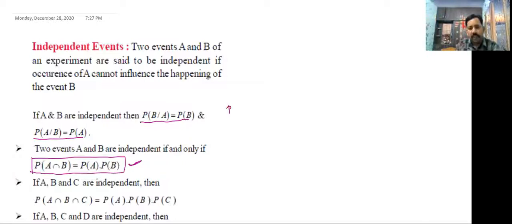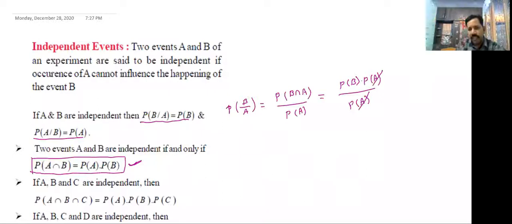Now see here, P of B by A. By using conditional probability, how to write the formula? P of B intersection A divided by P of A. Here A and B are independent events. Numerator, how to write? P of B into P of A, divided by P of A. So here observe that P of A is cancelled.